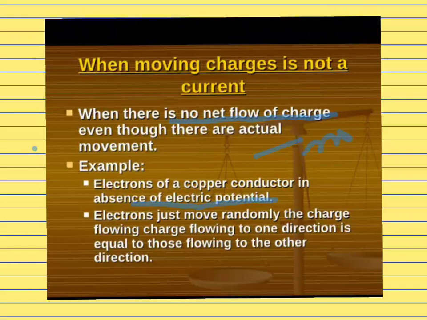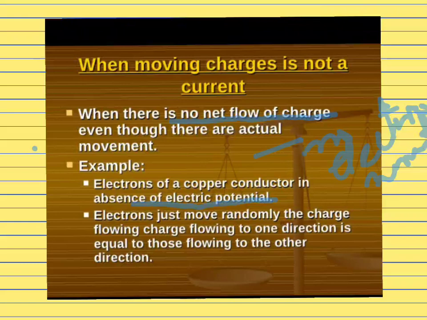There will be no electric current despite the flow of electrons. The reason is very simple: they are flowing, but not in a particular direction or in one direction.